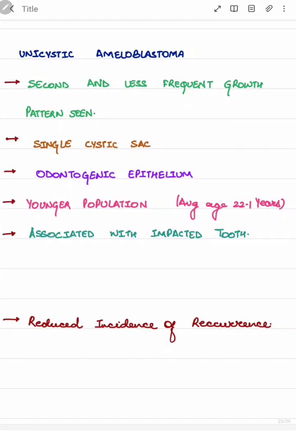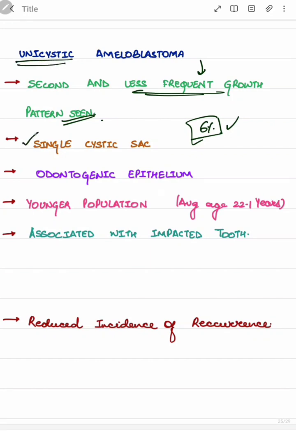Now we will discuss unicystic ameloblastoma, which is a less frequently encountered variant of ameloblastoma. Only 6% of ameloblastomas will show this type of growth pattern. What is unicystic? Unicystic means a single cyst is present and this cyst is lined by odontogenic epithelium.